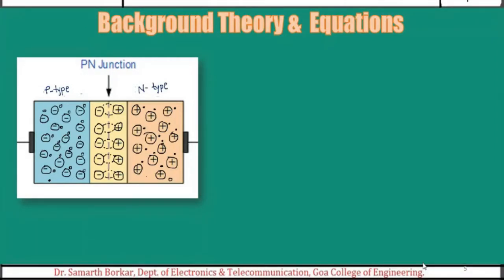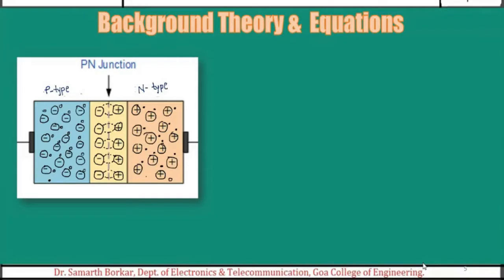But for our understanding, we can think that there are these two blocks, on one side the p-type region, on the other side the n-type region, and we are bringing them together. At this time, we'll not bother how this PN junction is formed. In the class, we are discussing briefly how it is formed.